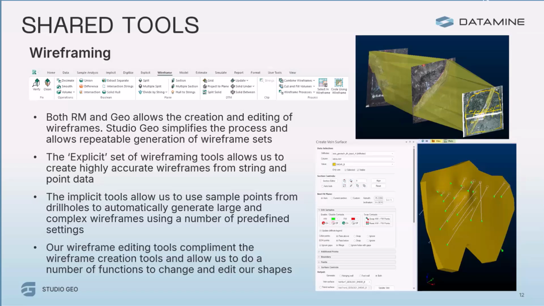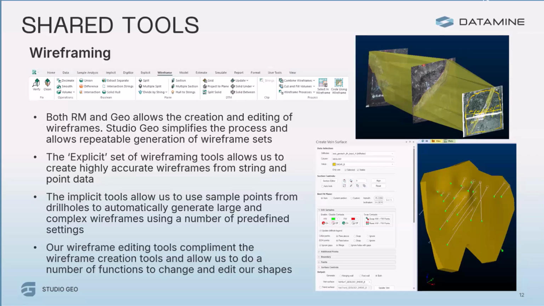If you have, say, 20 or 30 domains, this is a slow process. And the other thing is it does not automatically combine our wireframes into one combined wireframe solid. Studio Geo allows us to simplify this process and crunch it all down into a single, simplified process that can be repeated.